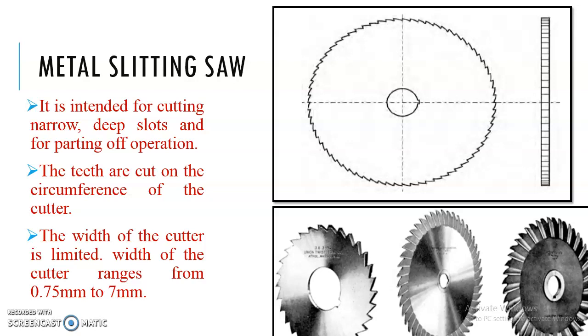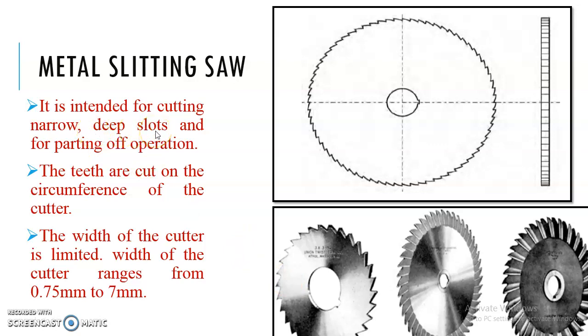In the case of casting, projections come out from the castings which we want to finish or remove. So the metal slitting saw is useful to remove such rough work, or we can say unwanted material. It is basically useful for cutting narrow, deep slots or for parting operations. Narrow and deep slots for what purpose?